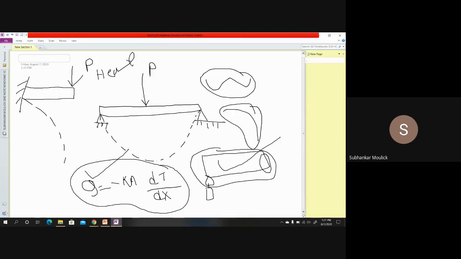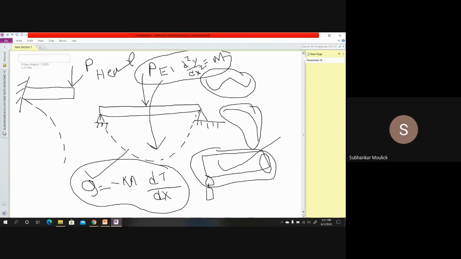For a static problem, if the beam is bending, then I know that E I d2y over dx2 is equal to M. That means this equation you have to follow. This is the bending equation.